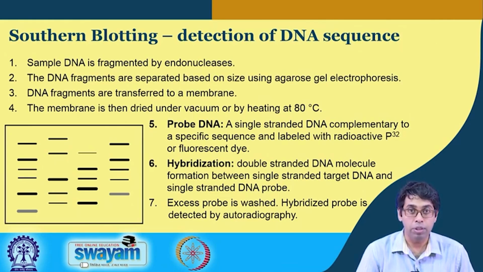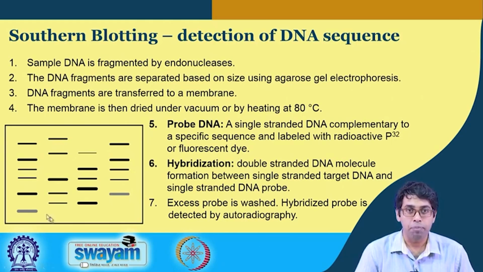So we have to synthesize the complementary strand to that sequence, and it is a single stranded DNA, and this DNA is also labeled with either a radioactive phosphorus or some fluorescent dye, and these are basically for detection, so that we can see. Now, this probe DNA is also not very small, so they are typically in the range of 500 base pair nucleotides long, or they can be even longer than that.